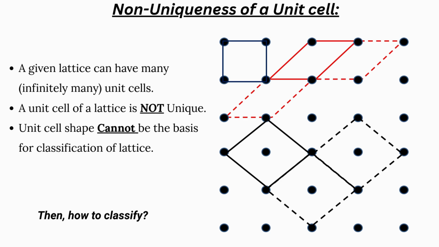Because of the non-uniqueness of the unit cell. In given lattice positions, we can make different shapes of unit cells. In this example, we can see that a square lattice, rhombic lattice and diamond lattice can be made from the single repeated pattern. So a unit cell should not be defined by shape.